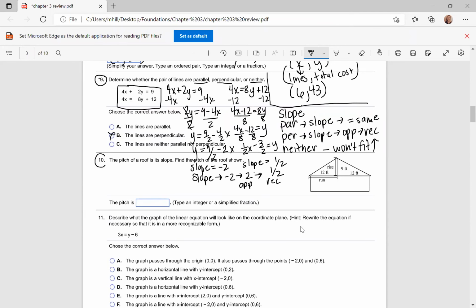On number 10, they want us to find the slope of this roof. I wouldn't draw a bunch of stuff on this. Maybe just draw this part where you have this rectangle where it tells you that the run is 12 and that the rise, I'm sorry, I drew over the rise.